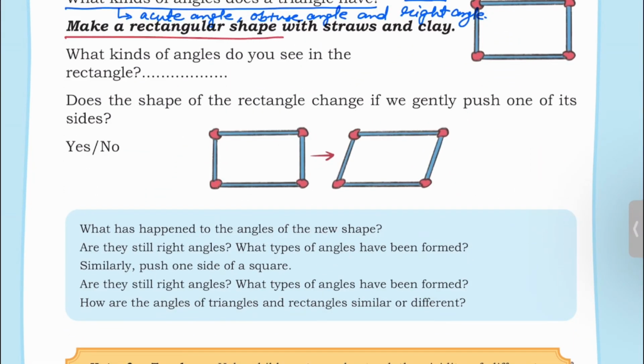Make a rectangular shape with straws and clay. What kinds of angles do you see in the rectangle? You will see only right angles in a rectangle. The answer is right angle.